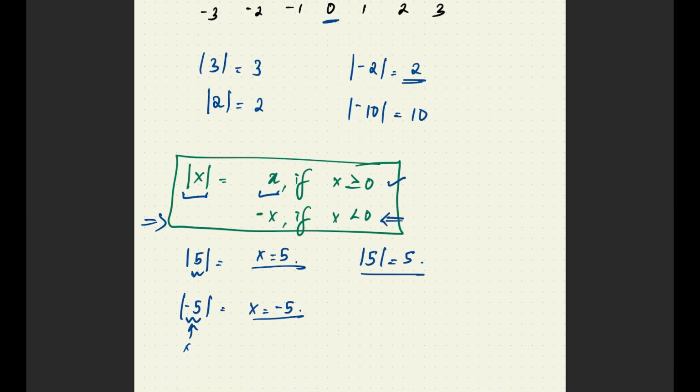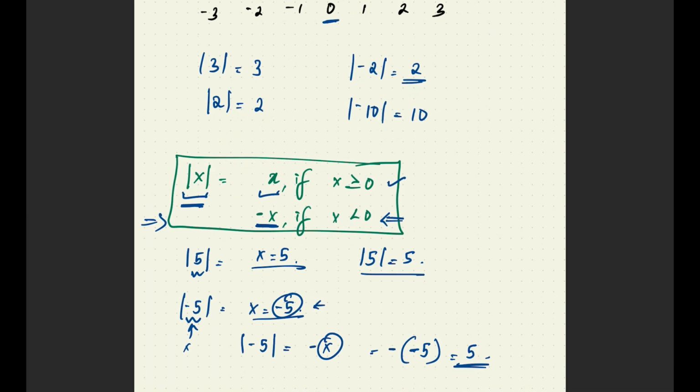When x is less than 0, the absolute value of x is equal to minus x. x in this case is minus 5, right? So the absolute value of minus 5 is equal to minus x, and x is minus 5, so that is minus, minus 5. Minus and minus gives you plus, so it becomes 5. Again, this just proves that the absolute value gets rid of the negative sign.